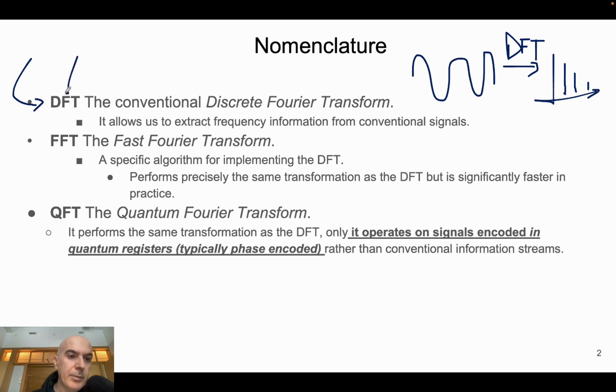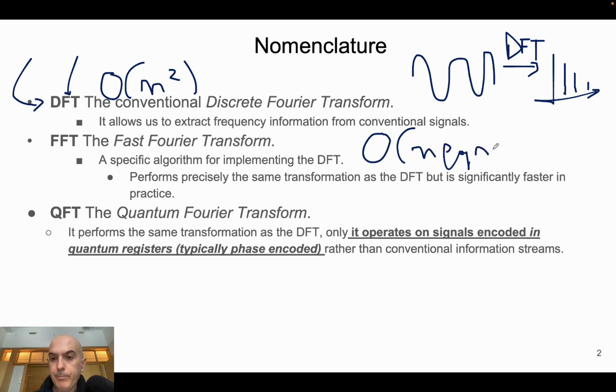So a naive implementation of DFT is big O of n squared, where n is the input size. The FFT is significantly faster, with complexity of n log n. You might have heard of different FFT algorithms, for instance, Cooley-Tukey, Stockham, Peirce FFT.